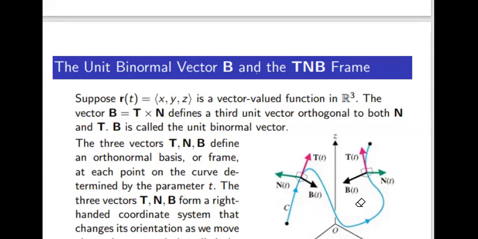This frame is also called, let me write that down, the Frenet frame, named after Frenet, the French mathematician.